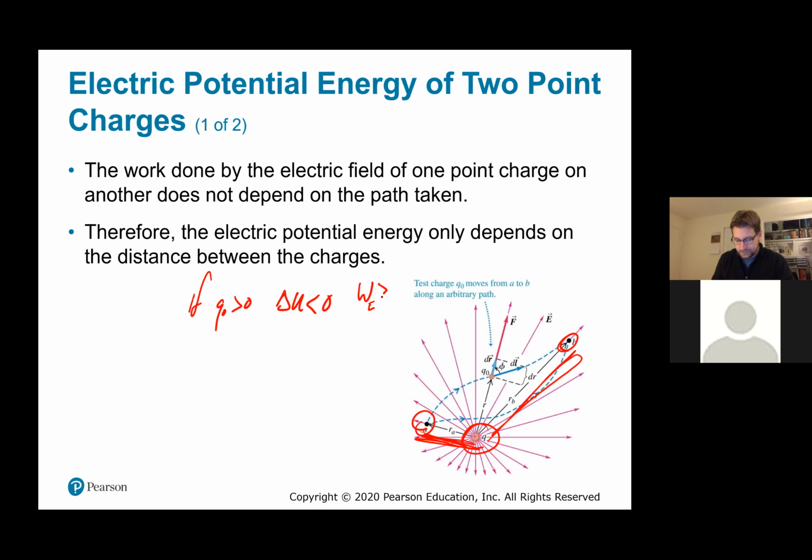If the charge is negative, the story's backwards. If the charge is negative, it's attracted to the positive charge Q. So moving farther away is opposite the direction that it wants to go. Somebody had to do some work to do that. And we've increased the potential energy. The electric field due to charge Q is doing negative work.